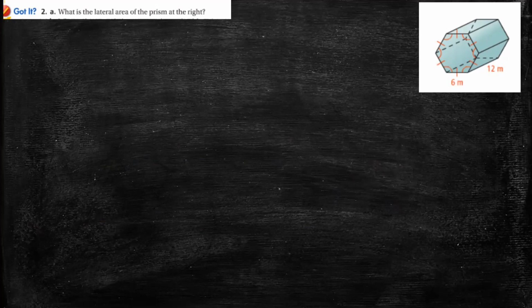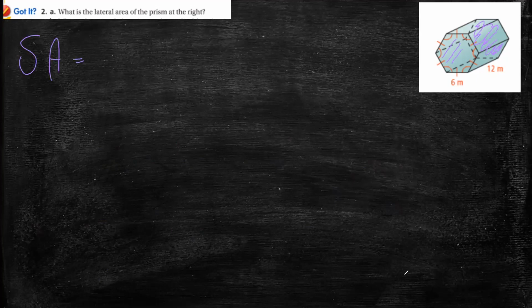So this is the base here. We have two hexagonal shapes: this is the first base, and there is another base here. They are parallel to each other. We have to find the surface area.